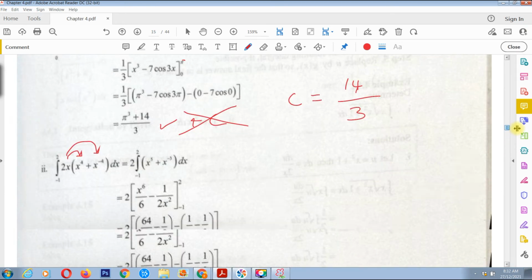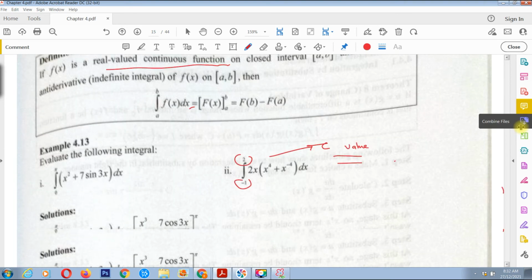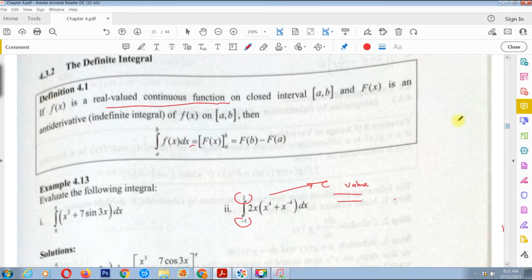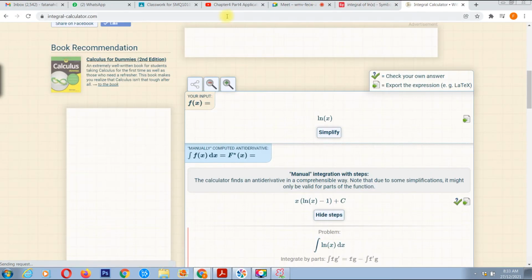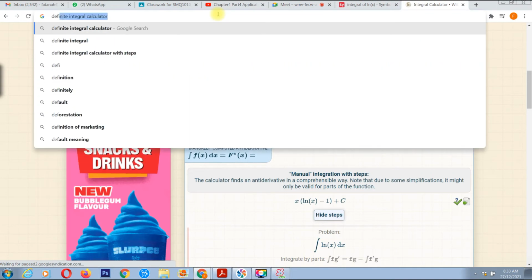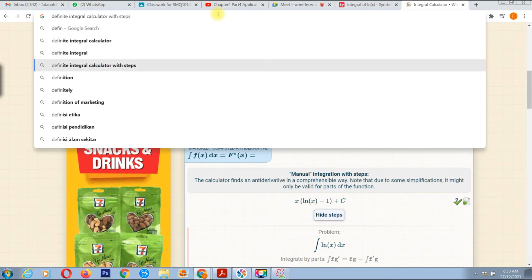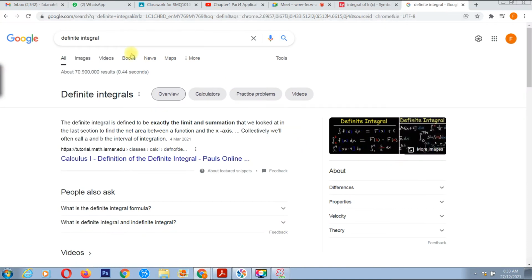And here actually, for the definite integral, we have this, right? We also can have this function, the definite integral.